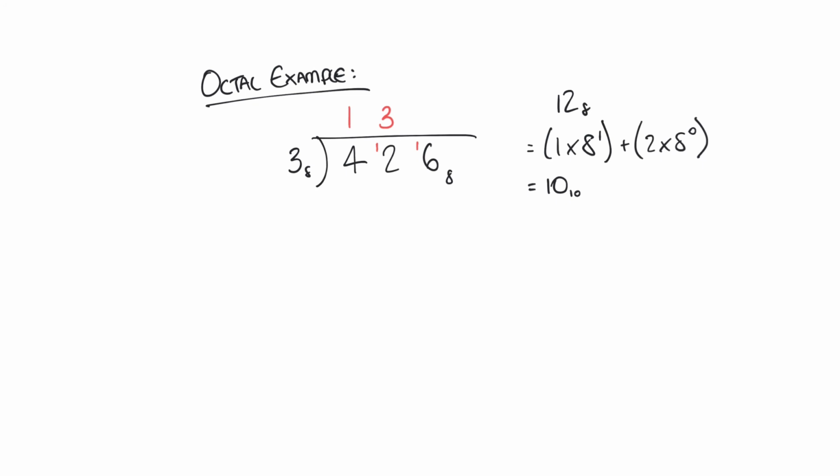And so for our last step here, we do the same thing again. Remember not to fall into the trap. This isn't 16 divided by 3. This is the octal number 16 divided by 3, and 16, let's expand that out again, is the same as 1 times 8 to the 1 plus 6 times 8 to the 0, and 1 times 8 to the 1 is just 8, plus 6 times 8 to the 0, or 6 times 1 is 6, and 8 plus 6 is going to give us 14, and that's to the base 10.